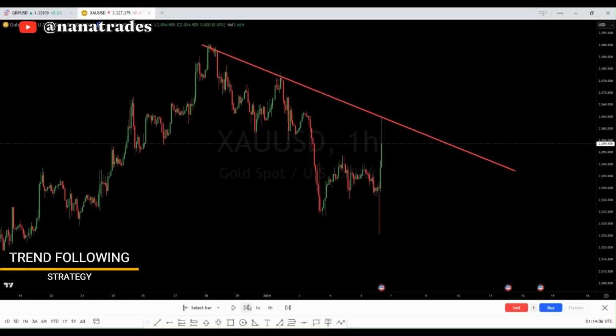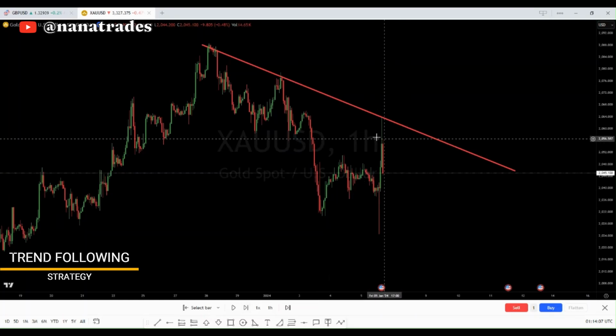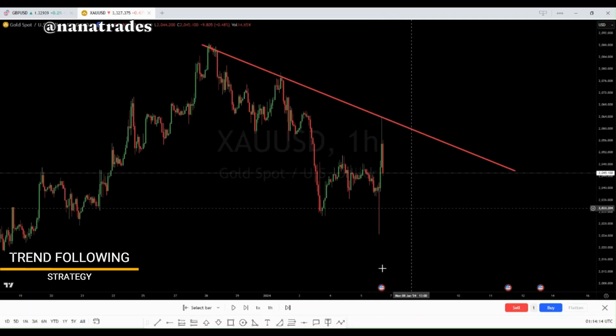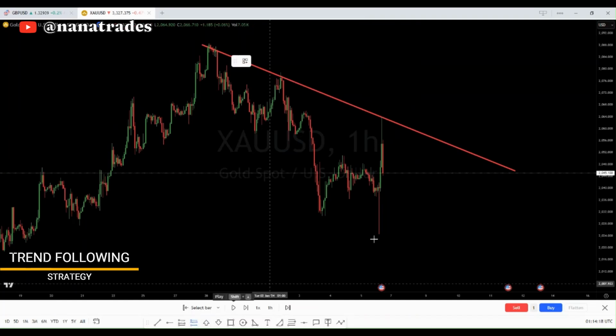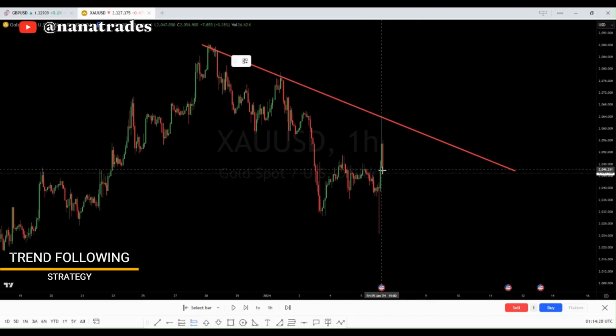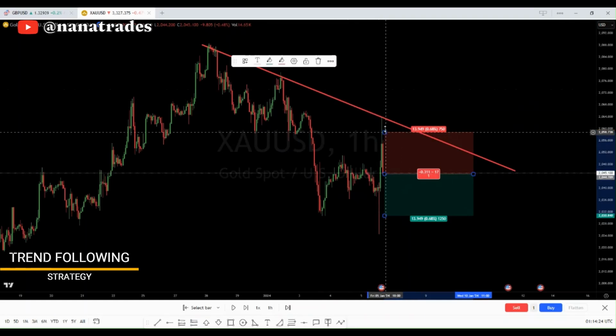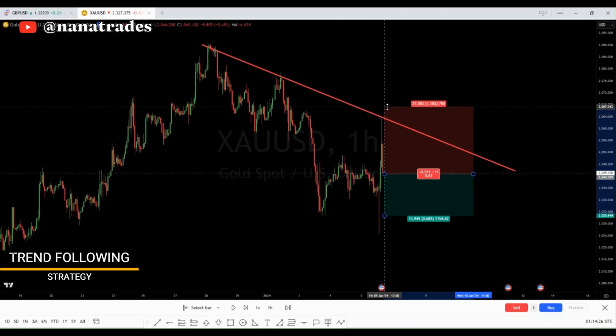Okay, all right, so you could see that price came back to the trend line, and this would be where our entry would have been if we were actually trading the market. So let's say this is a short position, so let's say I enter short even if on this candle, all right, because of this 3rd touch, and then my stop loss is going to be above the previous high.